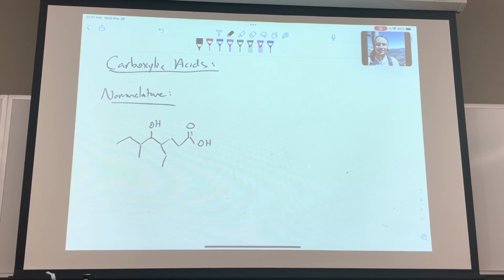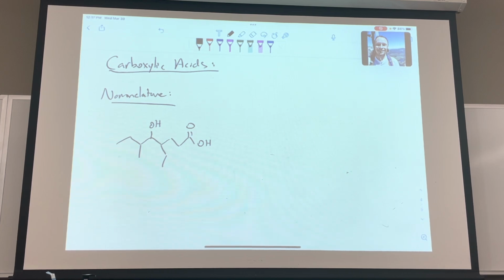Number one, the carboxylic acid is the highest priority group. So it's always going to win. Anytime you see a carboxylic acid, you're always going to name the compound as a carboxylic acid. You don't have to worry about some other group having priority because nothing has priority over the carboxylic acid. The second reason, because of that, you never have to guess where to start numbering the parent. You're always going to start numbering at the carboxyl group.